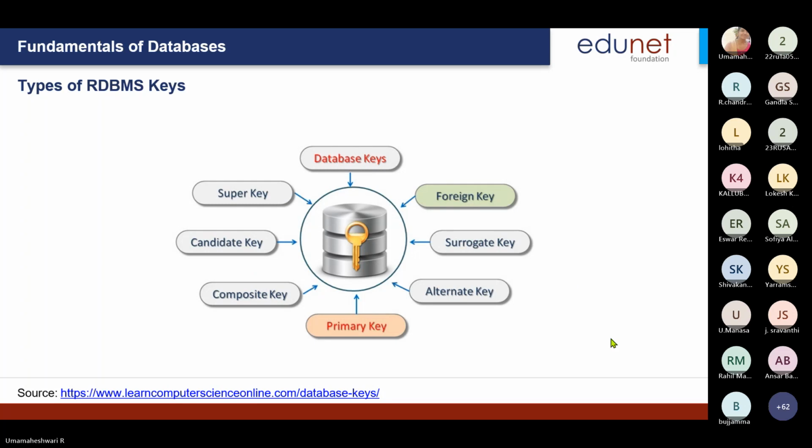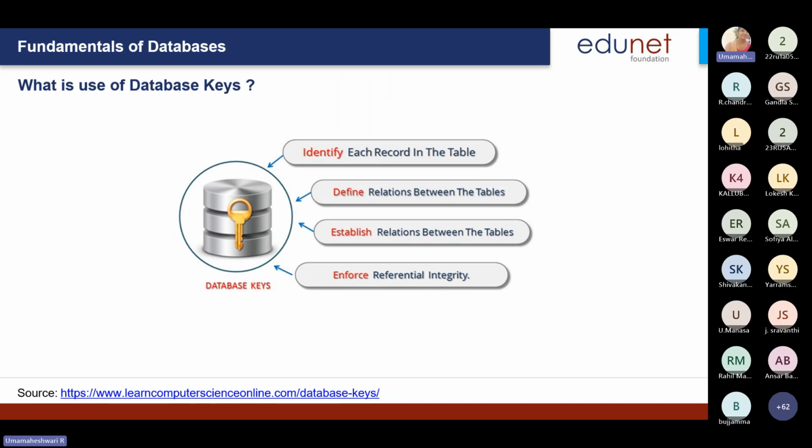If you want more about this, we will see it in the lab session. Next, what is the use of a database key? It identifies each record in the table, defines and establishes the relation between the tables, and enforces referential integrity.